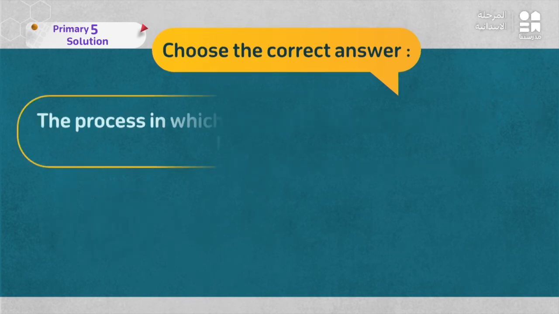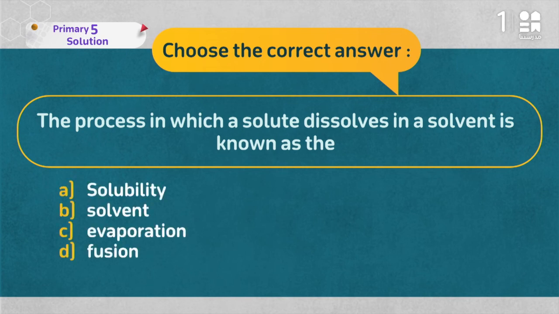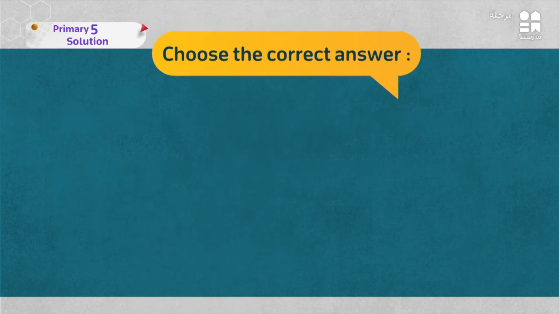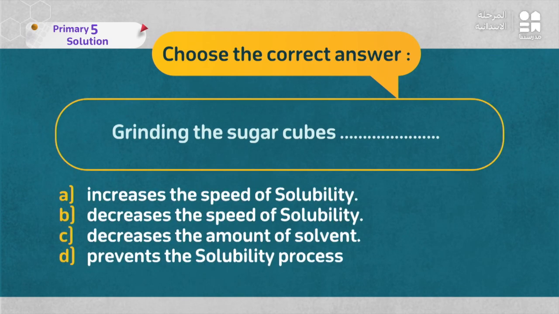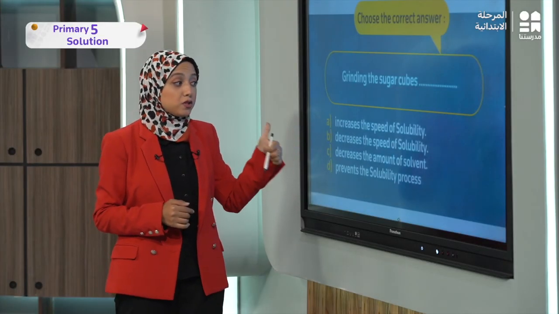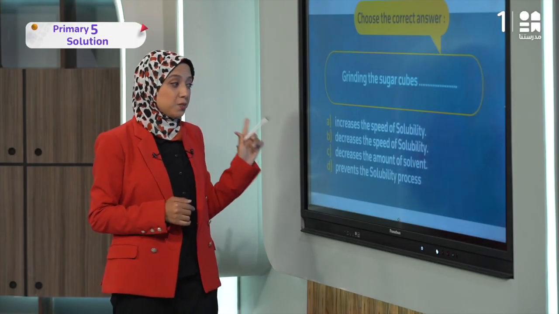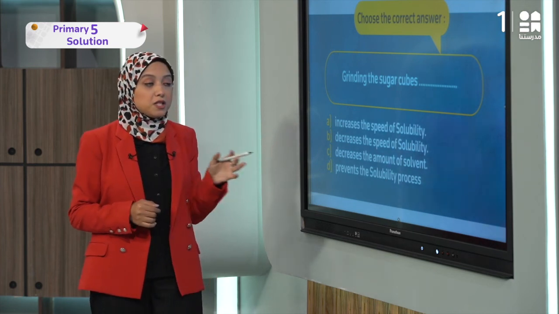Another question. The process in which a solute dissolves in a solvent is known as what? Solubility, solvent, evaporation, or fusion. For sure, the solubility process. Grinding the sugar cubes, what does it do? Increases the speed of solubility, decreases the speed of solubility, decreases the amount of solvent, or prevents the solubility process.